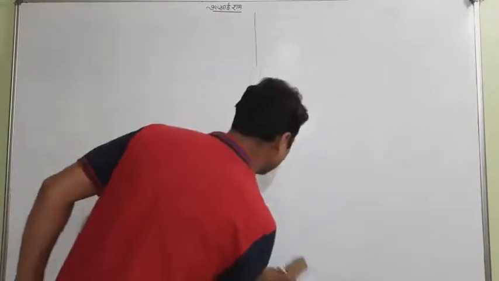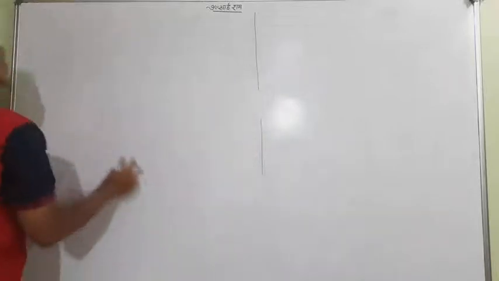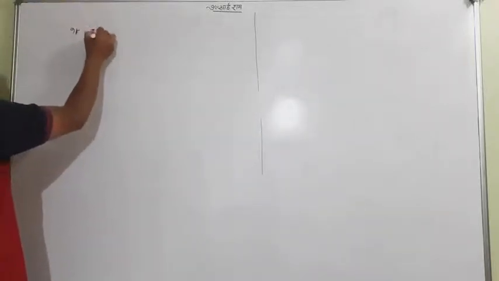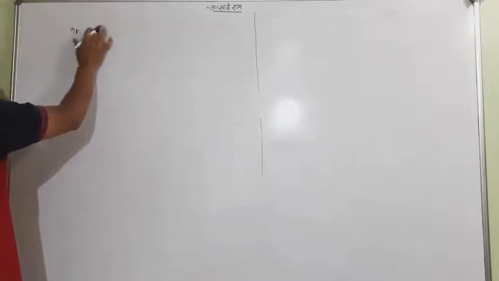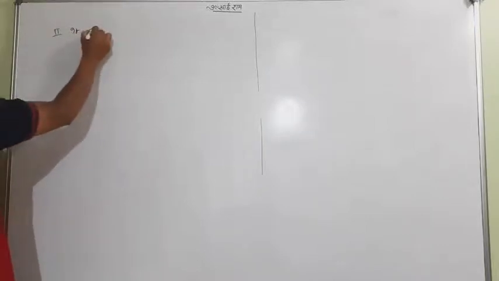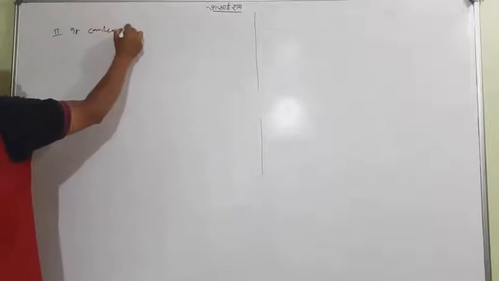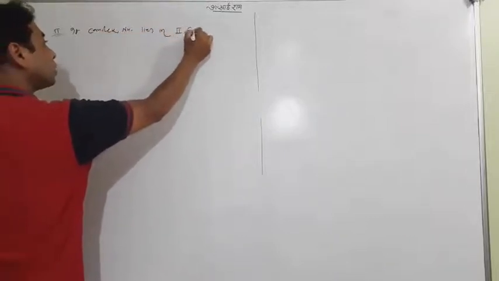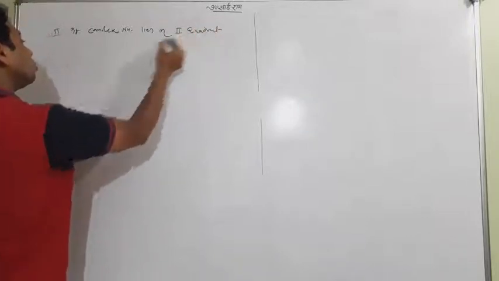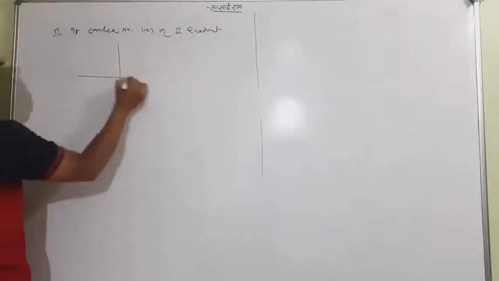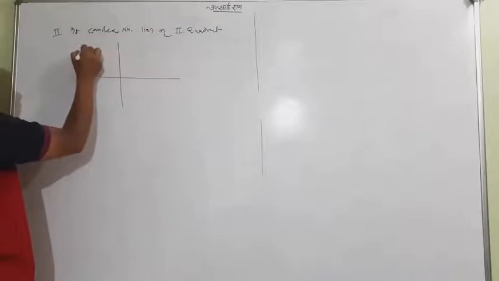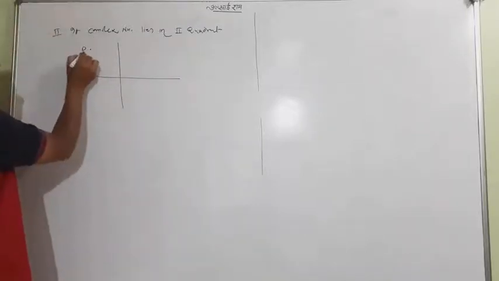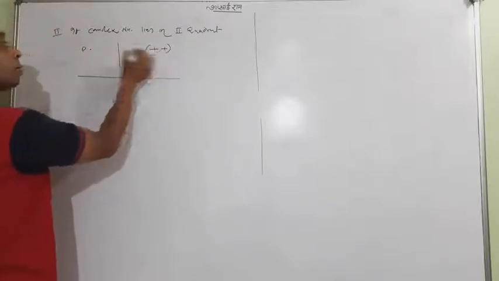Look at a very quick way. Now, if z equals a complex number that lies in the second quadrant, what do you do? First you should know that when the complex number lies in the second quadrant, the signs will be minus plus.